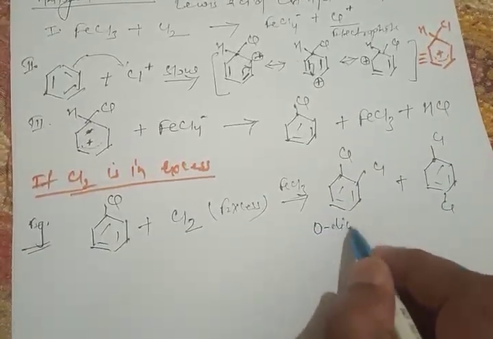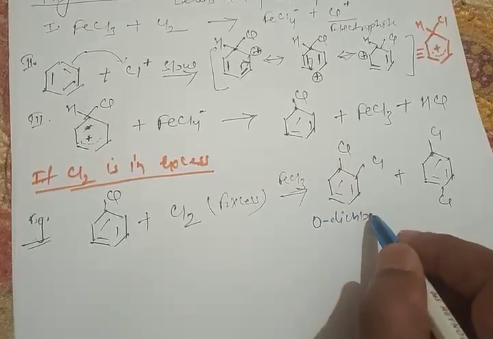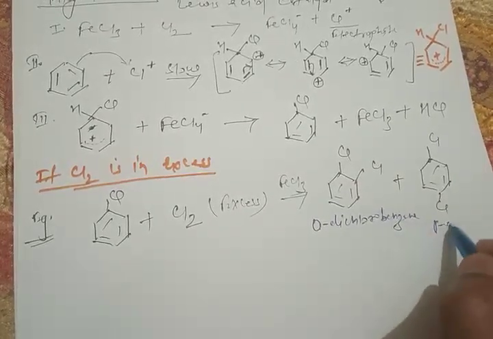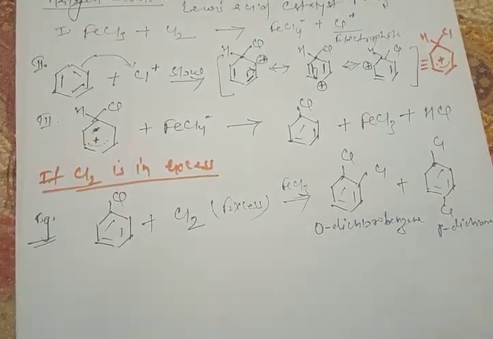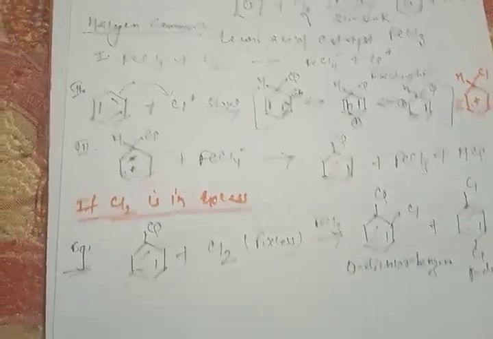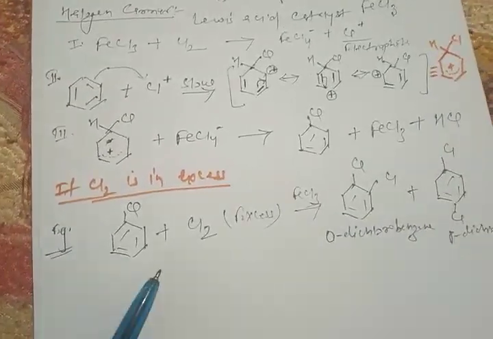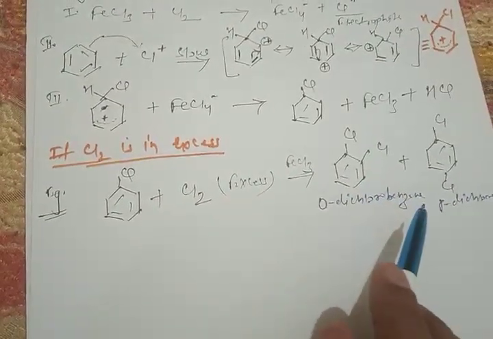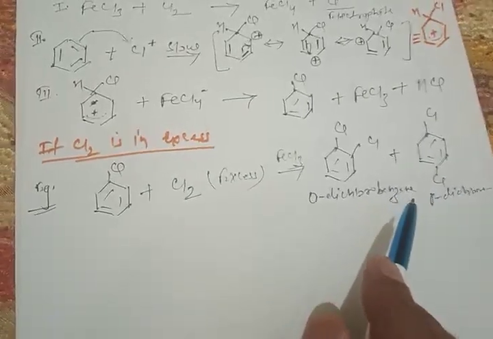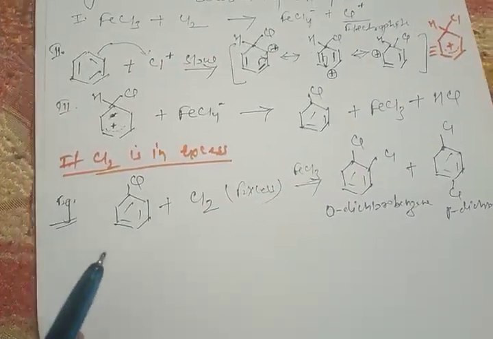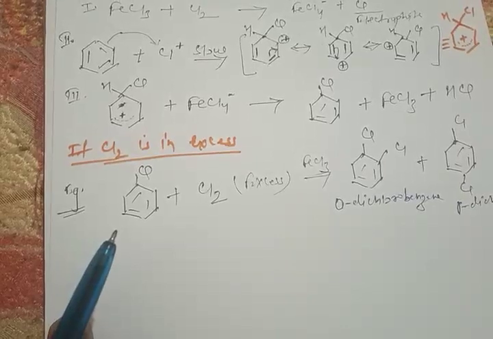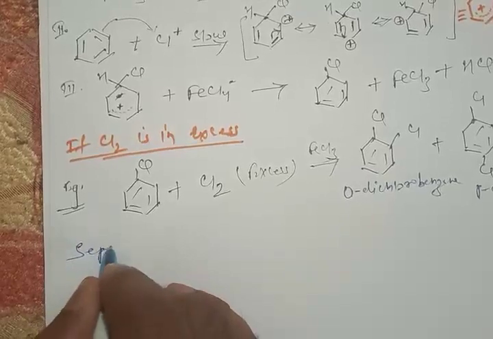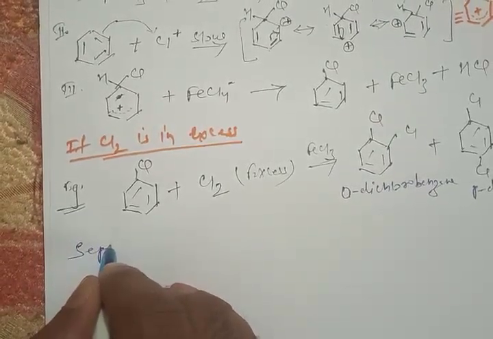Ortho dichlorobenzene and this is para dichlorobenzene. This is because of excess chlorine. And one more thing is there, you can separate these two also, on the basis of the large difference in their melting points.